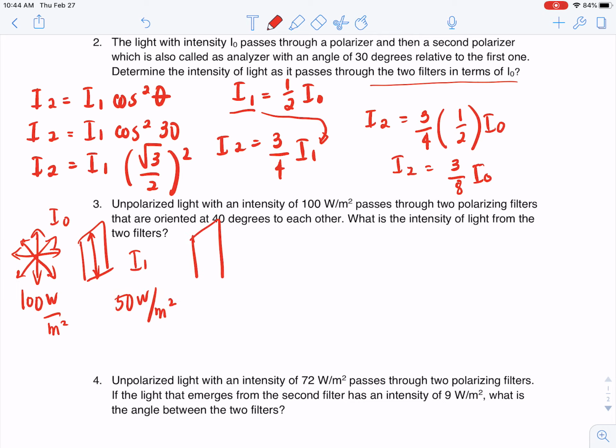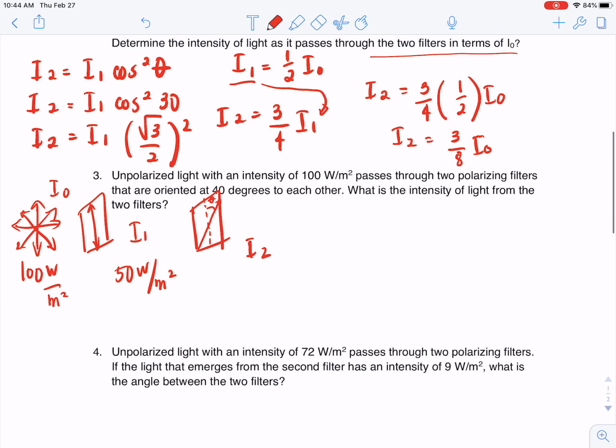What if it passes through the polarizer that is 40 degrees relative to I1? What can I2 be here? For I2, we know that this is equal to I1 cosine squared 40.